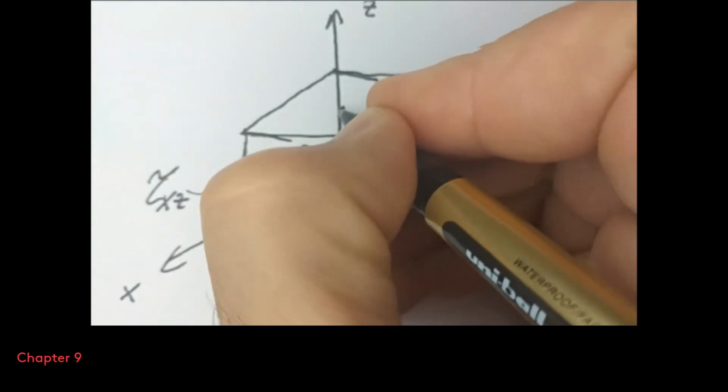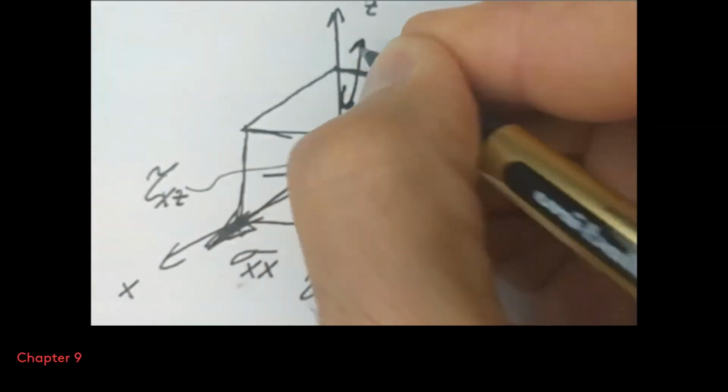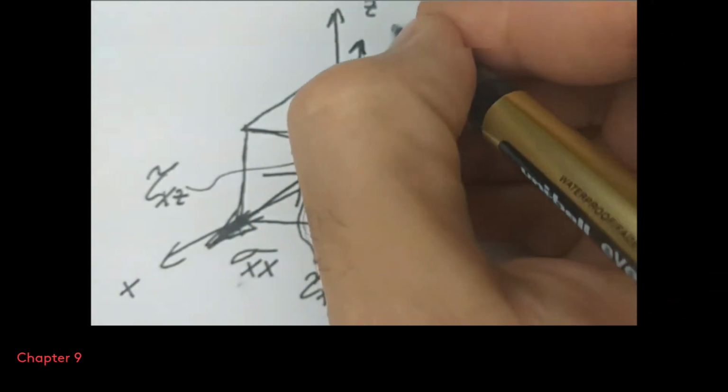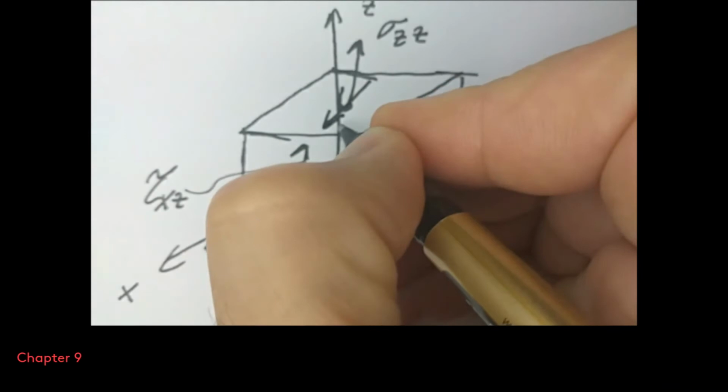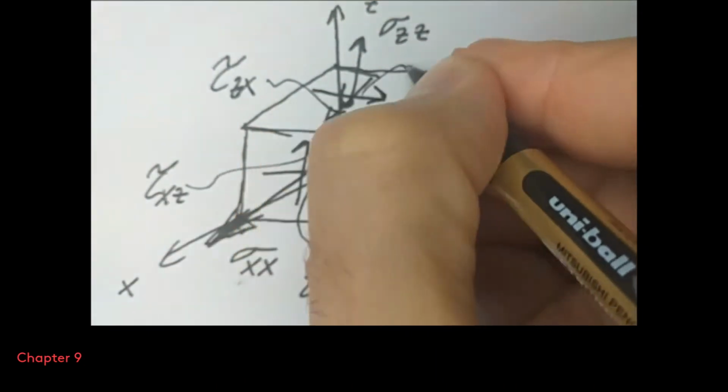And certainly on the top surface it is sigma zz. Now we have tau zx and tau zy.